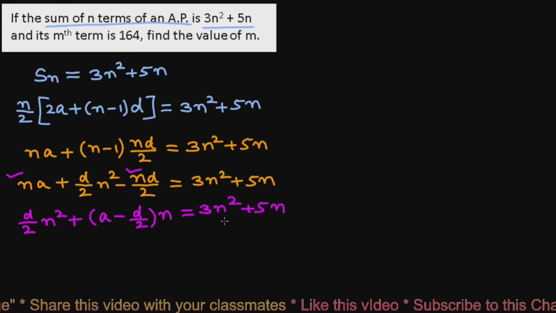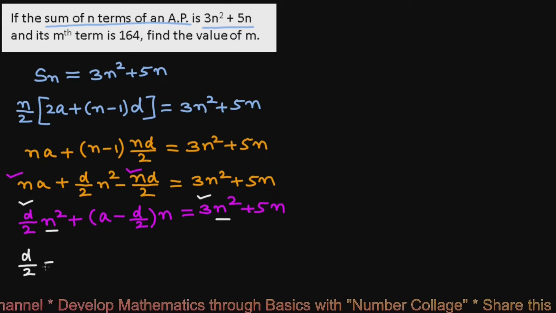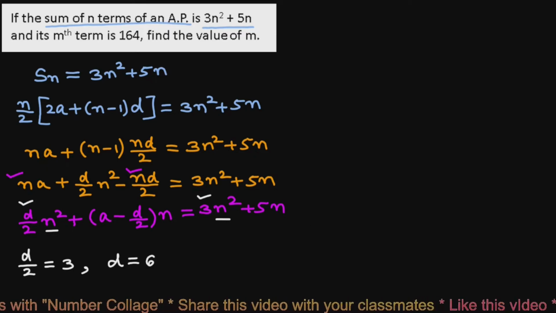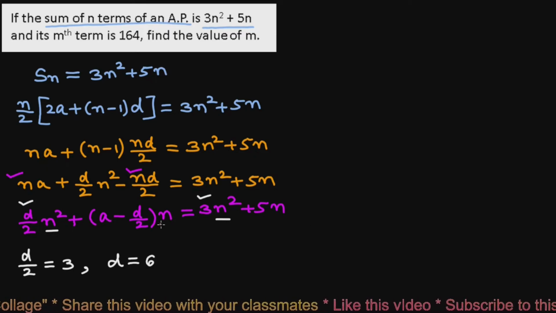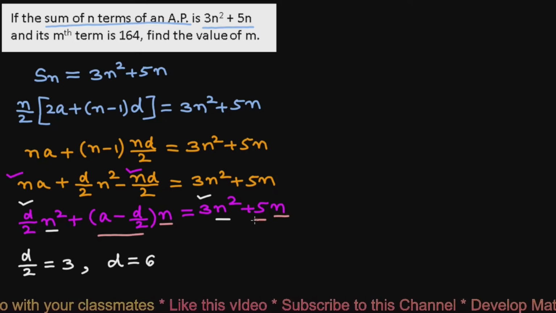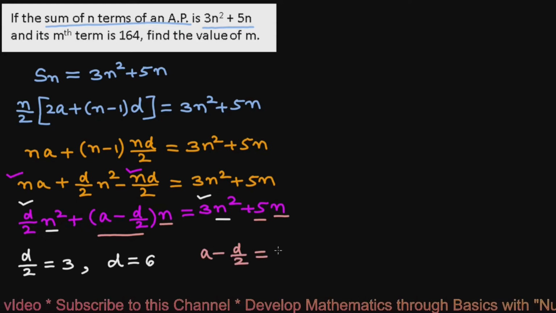Now comparing the coefficients of n square, we write d upon 2 equals 3, that gives us d equals 6, and comparing coefficient of this n, we write a minus d upon 2 equals 5.